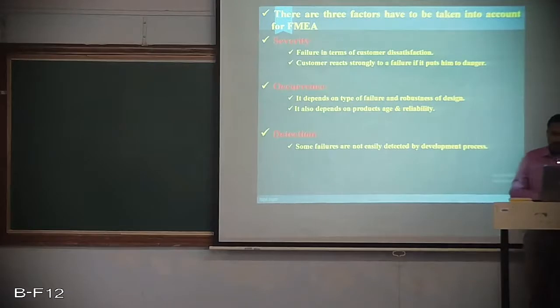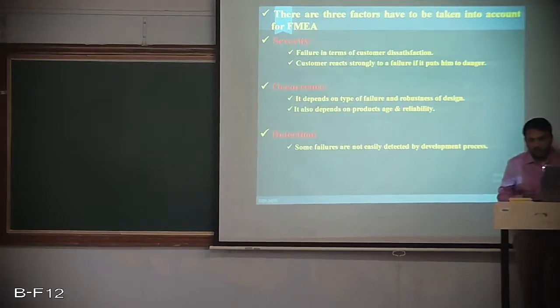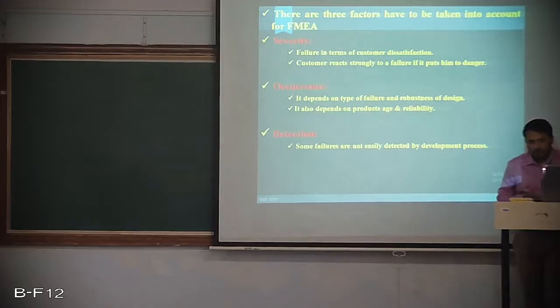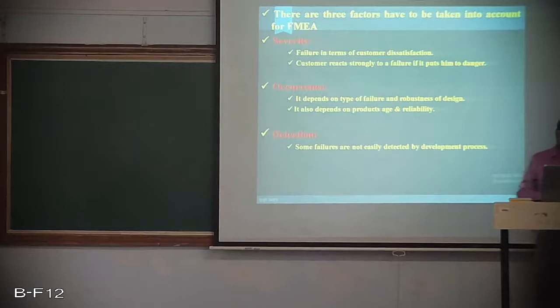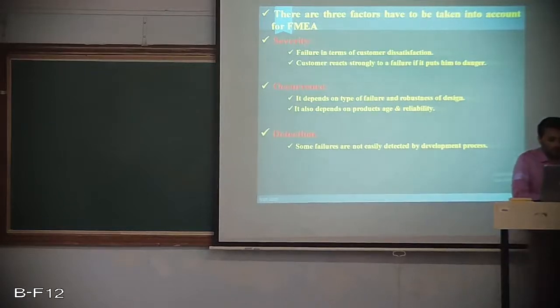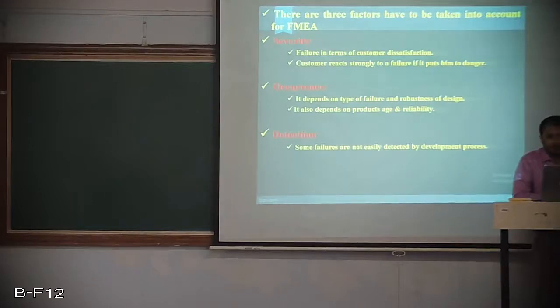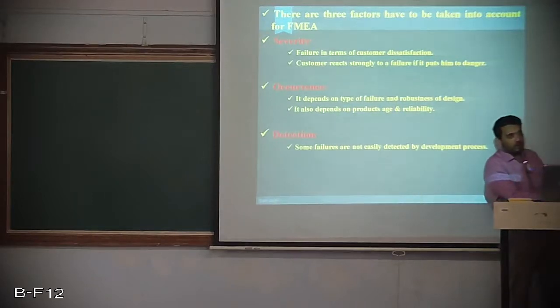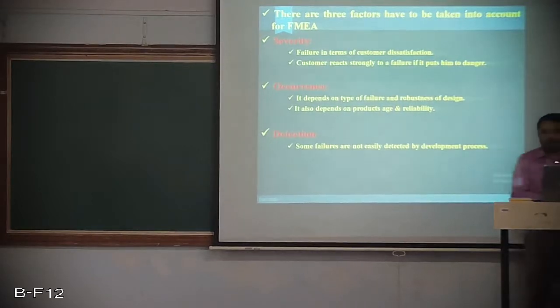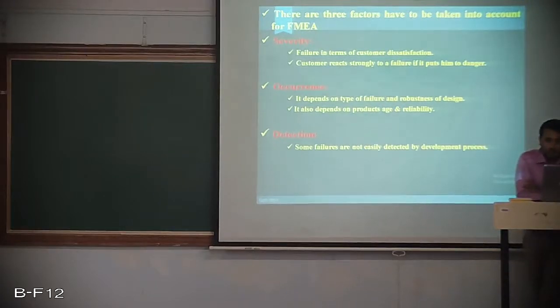If he is driving a newly bought vehicle and suddenly the brake fails, that is a severe failure, because he expects a new vehicle not to fail. If within 100 or 200 kilometers the brake fails, that kind of example is considered very severe.